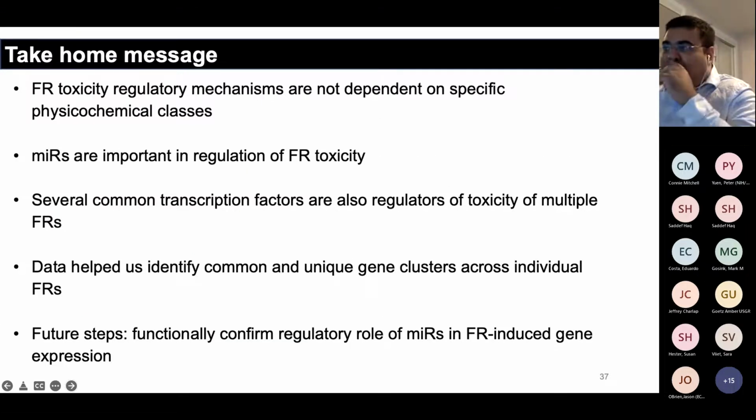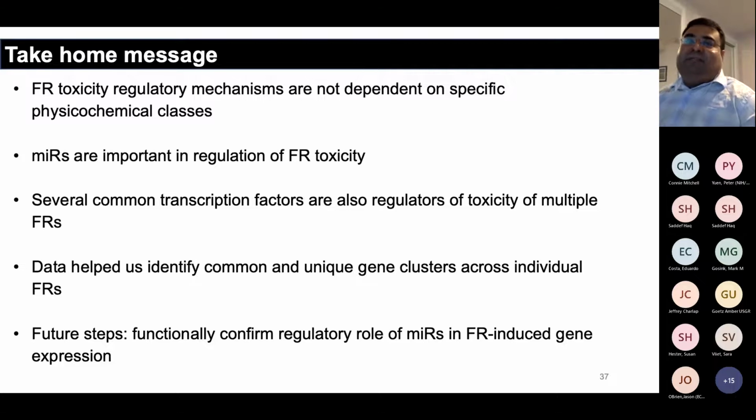So just as a take-home message and conclusion, we showed that flame retardant regulatory mechanisms are not dependent on specific physicochemical classes. We also showed that microRNAs are important in regulation of flame retardant toxicity, and therefore they should be extensively studied.